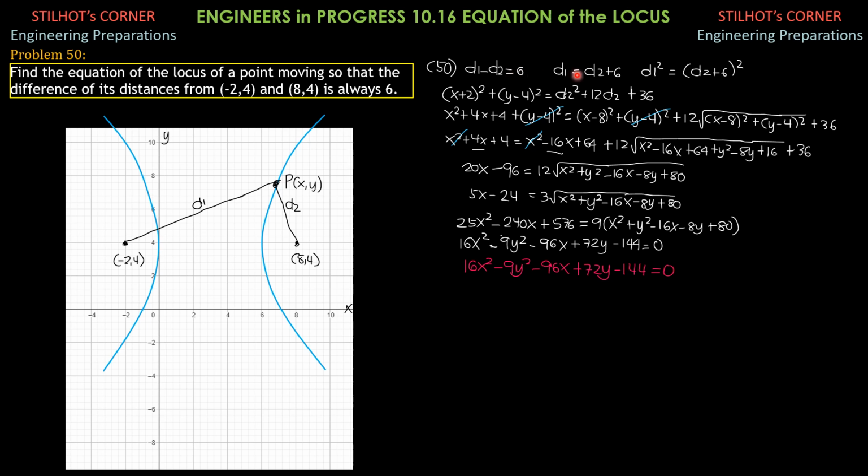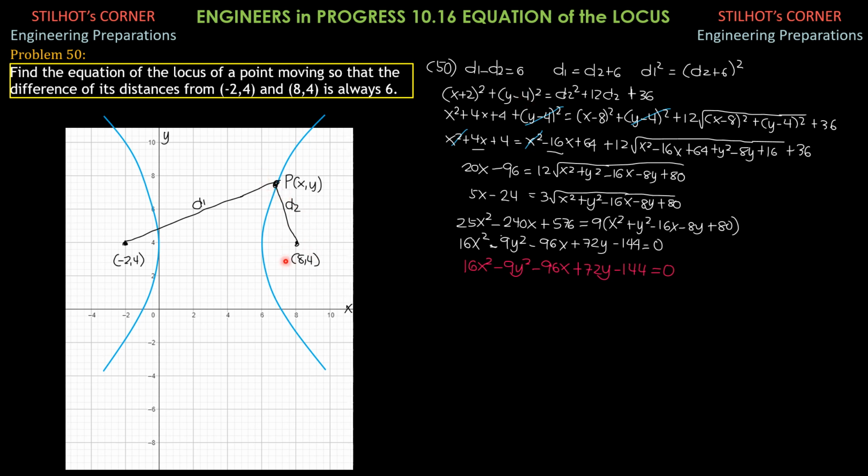So distance 1 equals d sub 2 plus 6, squaring both sides. So d sub 1 squared equals the quantity d sub 2 plus 6 squared. D sub 1 squared, this one is x minus negative 2 quantity squared. So x plus 2 quantity squared plus y minus 4 quantity squared equals distance 2 squared.